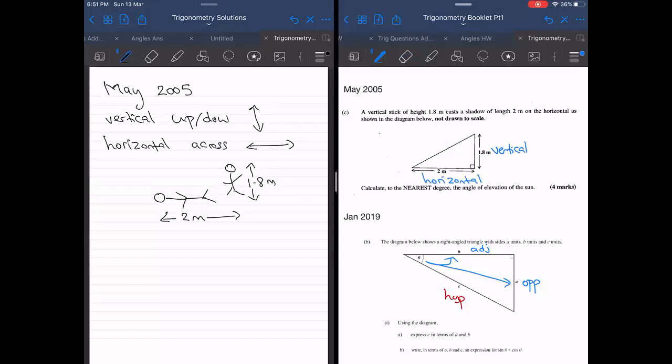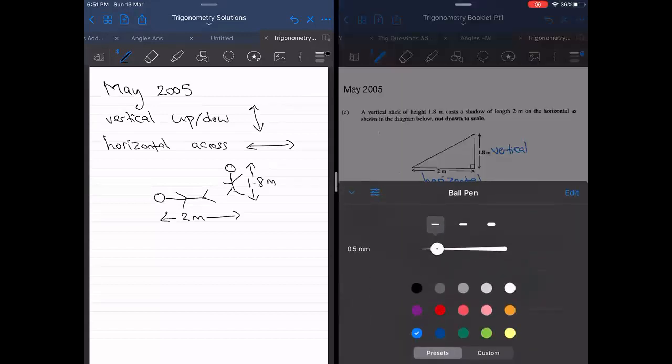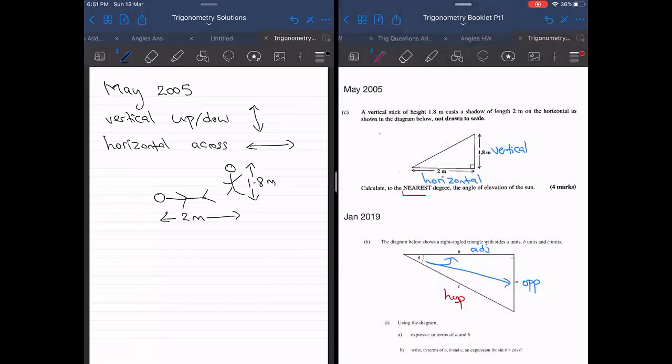They said calculate to the nearest degree. What does that even mean? What does the nearest degree mean? It means no decimal. If you say to the nearest whole number, to the nearest dollar, stuff like that, usually it means no decimal. The angle of elevation of the sun.